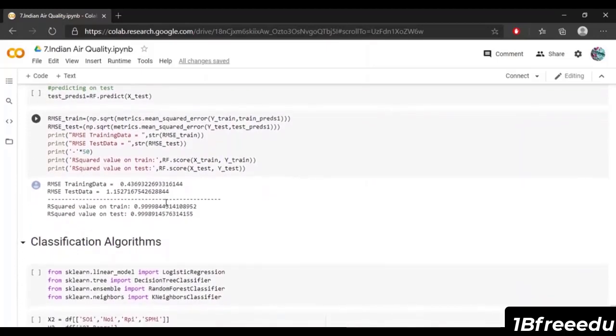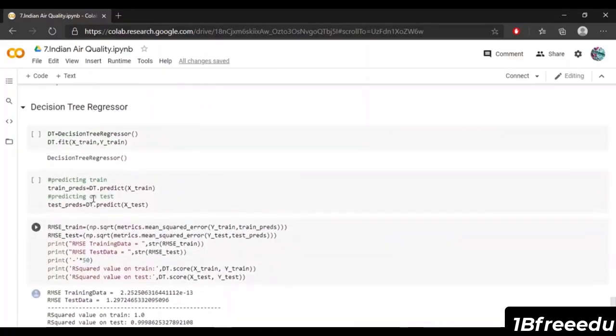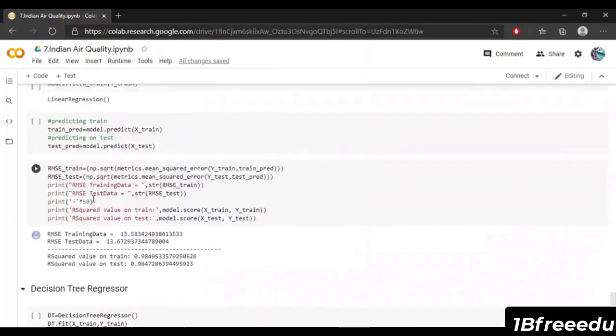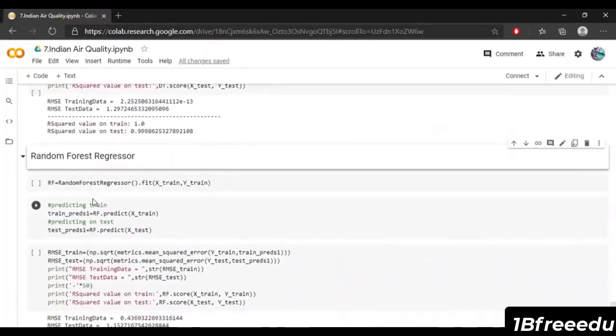And we can see that the R squared value is again 99% on both train and test. And looking at the RMSE train and test values, compared to the linear regression model, I think the linear regression model has performed well compared to the decision tree regressor and the random forest regressor.